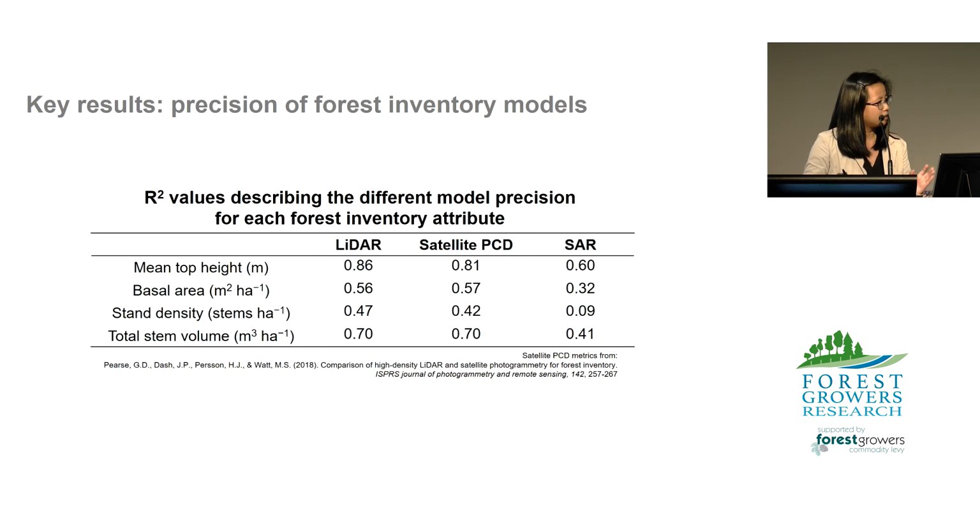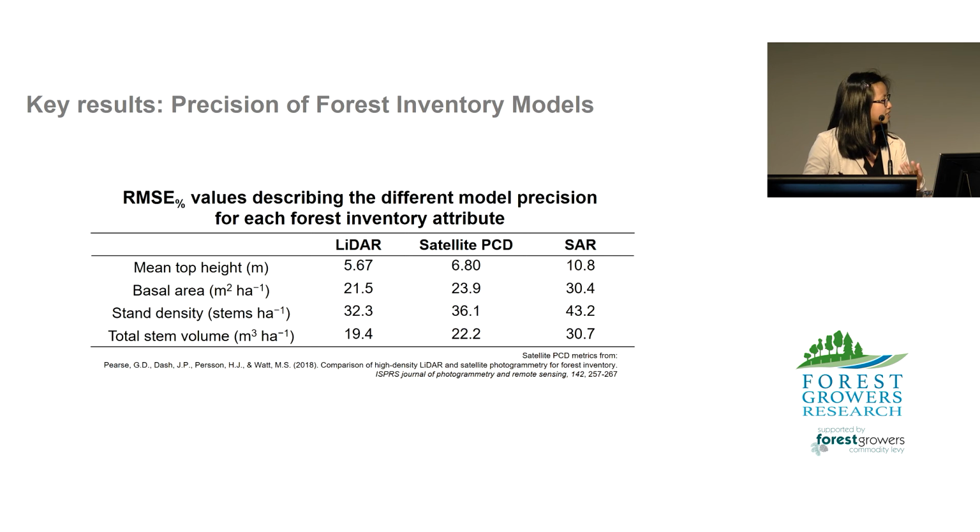So looking at the same models but with different metrics, so this time error expressed as a percentage of the mean, we can see essentially the same precision per attribute and precision per sensor, but we can note things like the expected error for LIDAR is 5.67 for mean top height, for instance.